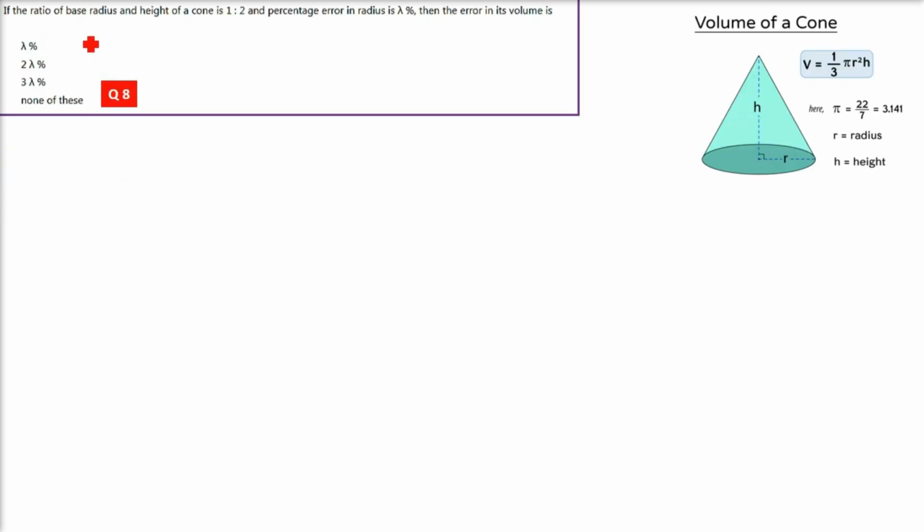If the ratio of base radius and height of a cone is 1:2 and the percentage error in radius is lambda percent, so this is radius and this is height. The ratio of radius and height is given in the question: radius by height is equal to 1/2. And the percentage error in radius is delta r by r into 100, which is lambda.